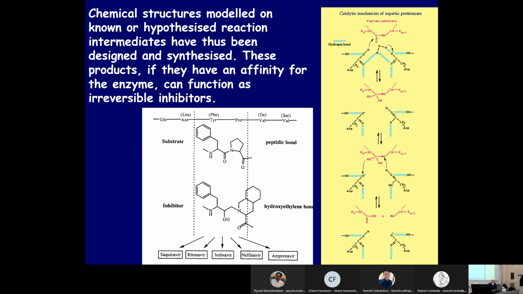In the viruses, there are particular enzymes called proteases. Proteases are important enzymes able to hydrolyze the peptidic bond in particular points to give small peptides that should be assembled by the virus to form new virions.